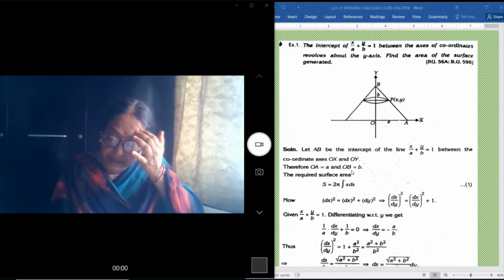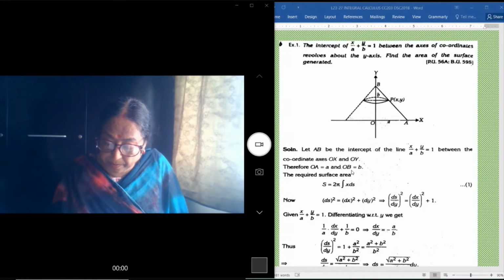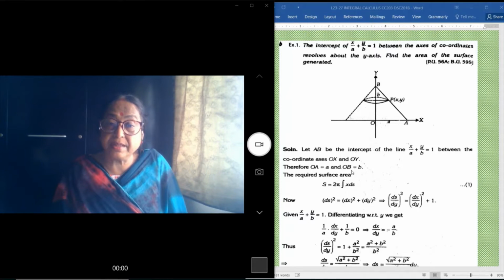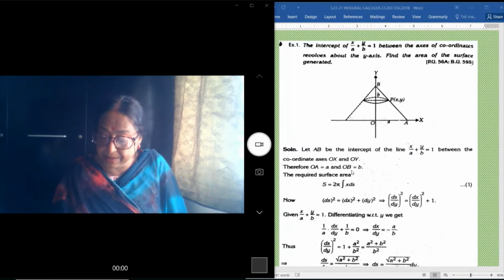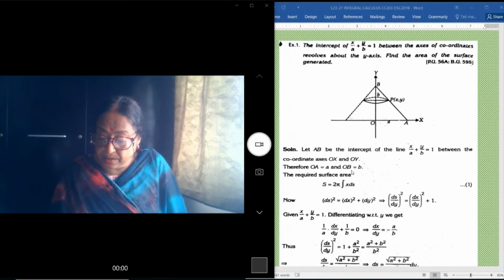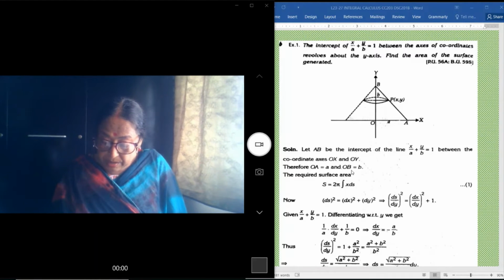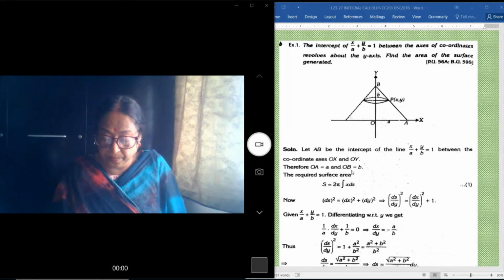So converting it into the x form, we differentiate with respect to y. So 1 by a dx by dy plus 1 by b is equal to 0, and so on, so that we can get ds is equal to root of a square plus b square by b into dy.